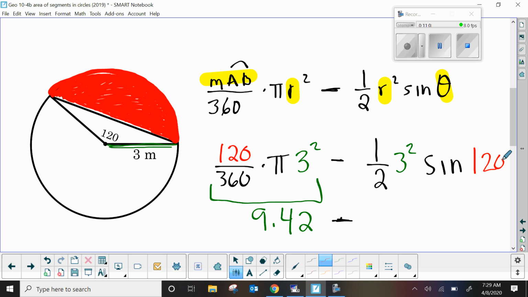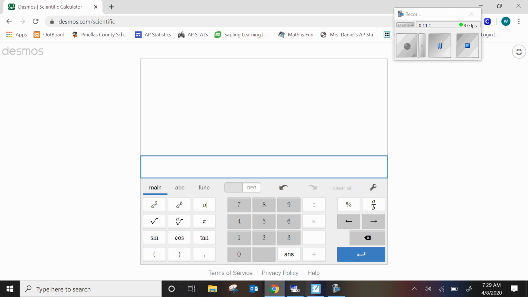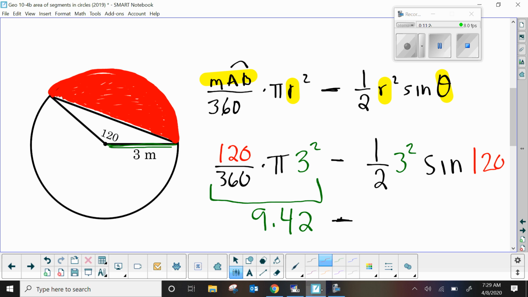Okay. Again, straight calculator. Oh, I'm sorry. Let me go back. So it's just 1/2 times 3 squared times sine of 120. That's what I'm trying to do.